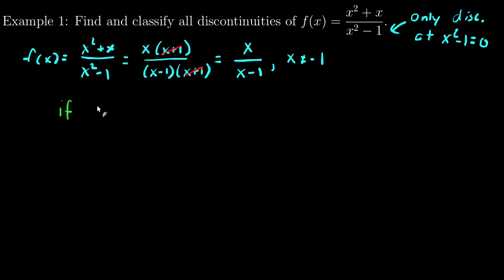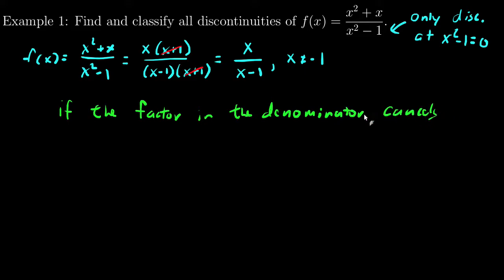If the factor in the denominator cancels completely, as in the x plus 1, then we have a removable discontinuity.